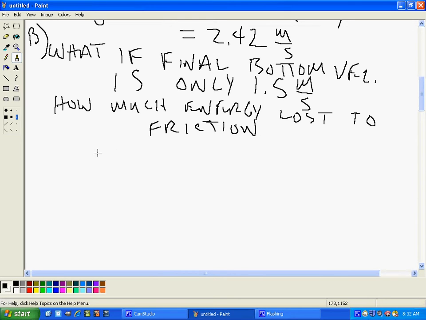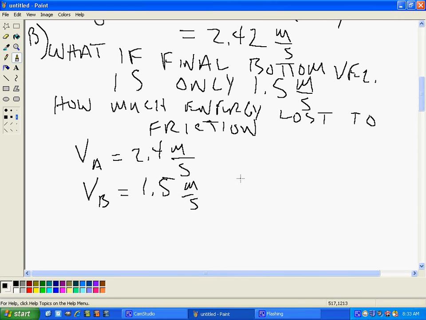So we have 2.4 from part A. However, our actual velocity is equal to 1.5. So what's the actual difference?